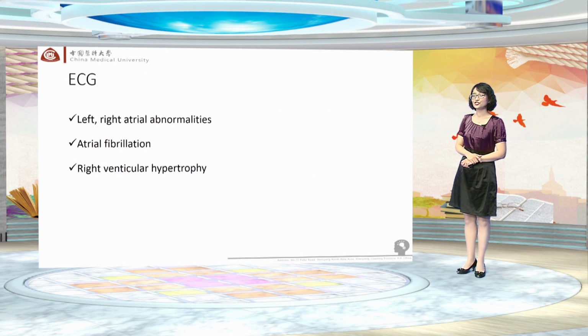On the ECG, some non-specific changes, such as left atrial abnormalities, atrial fibrillation, and right ventricular hypertrophy can be found.